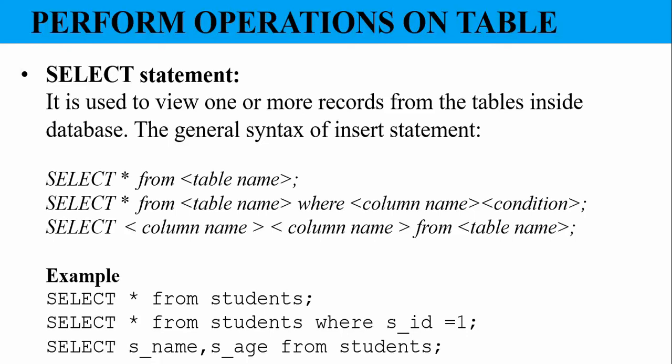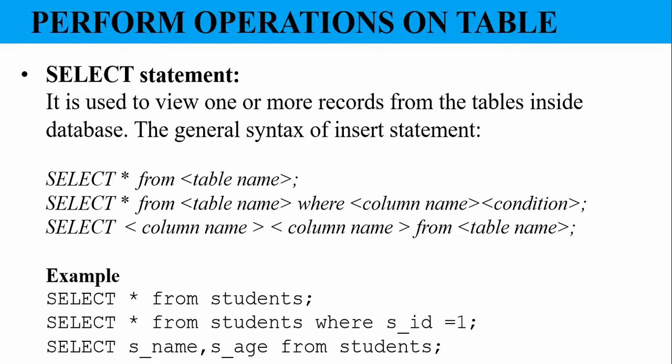So if you look at the example, select star from students, it is going to show me all the data from that particular table students. Then I have select star from students where s underscore id equals 1. So over here student id equals 1. If I give that, then it's going to show me all the details of that particular student whose id is 1.